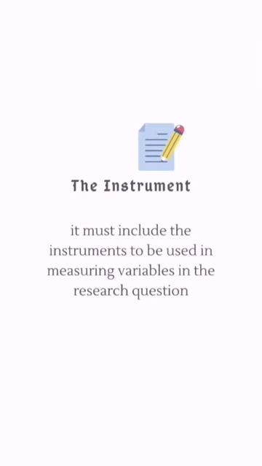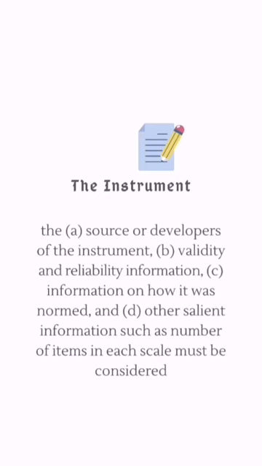So the next part is going to be the instrument. The instrument section must include the instruments to be used in measuring variables in the research question. So it must include things like the source or the developers of the instrument, and the validity and reliability of the information. You need to clarify where it came from, and you need to justify that it is a competent instrument that can give you the results you want or need.